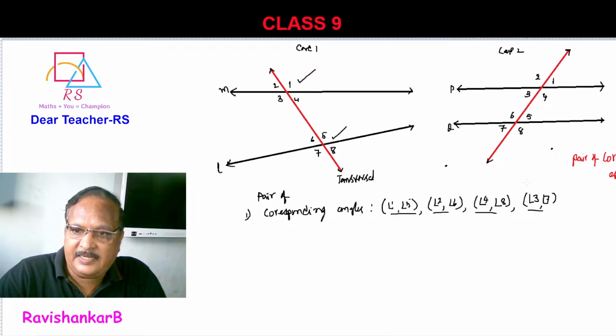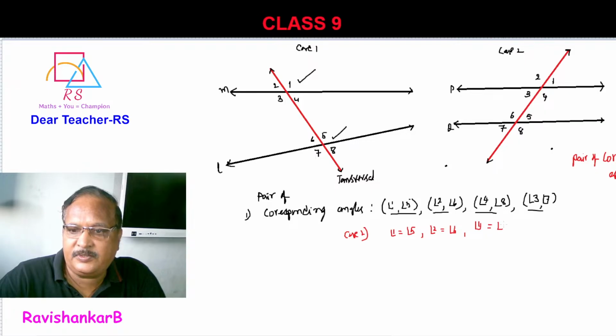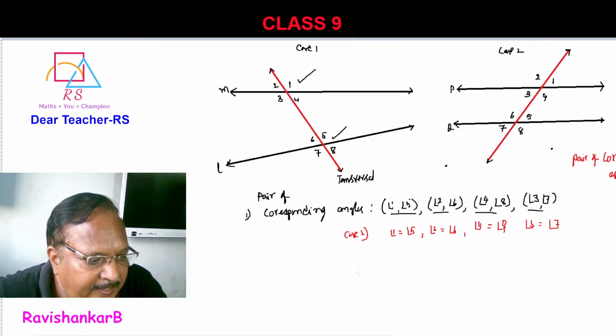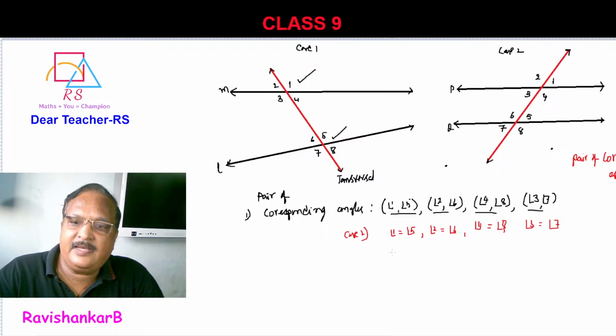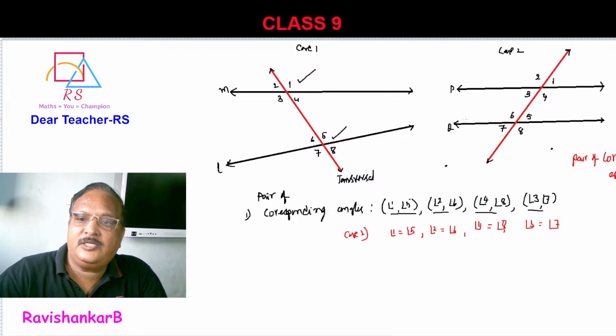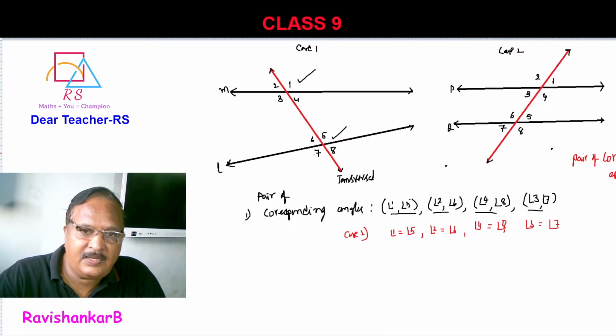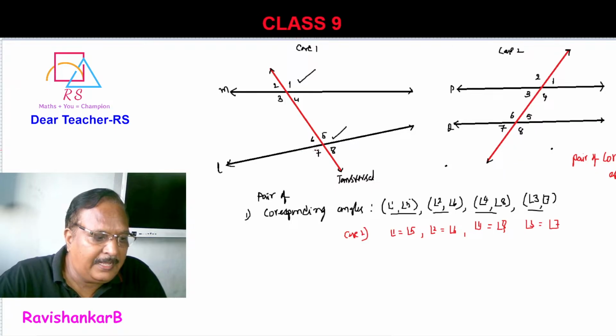So in this case, angle 1 is equal to angle 5 only in case 2. When two lines are parallel, angle 1 is equal to 5, angle 2 is equal to angle 6, angle 4 is equal to angle 8, and angle 3 is equal to angle 7. So the pairs of corresponding angles are equal when the two lines are parallel. They are not equal when the two lines are not parallel.